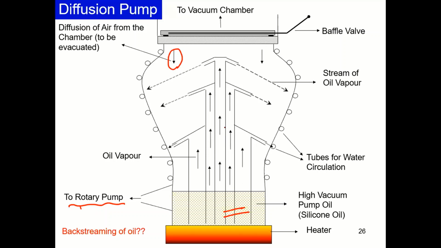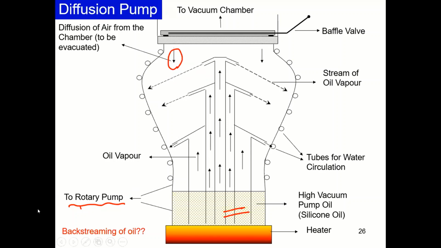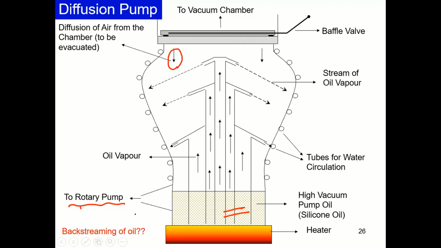When it boils, the vacuum pump oil, which has high molecular weight, evaporates and imparts the momentum to the gas molecules inside the chamber. Finally, it is vented out with the backing of the rotary pump. But one of the major demerits of this kind of pump is that it works with the help of hydrocarbon oil or silicon oil.